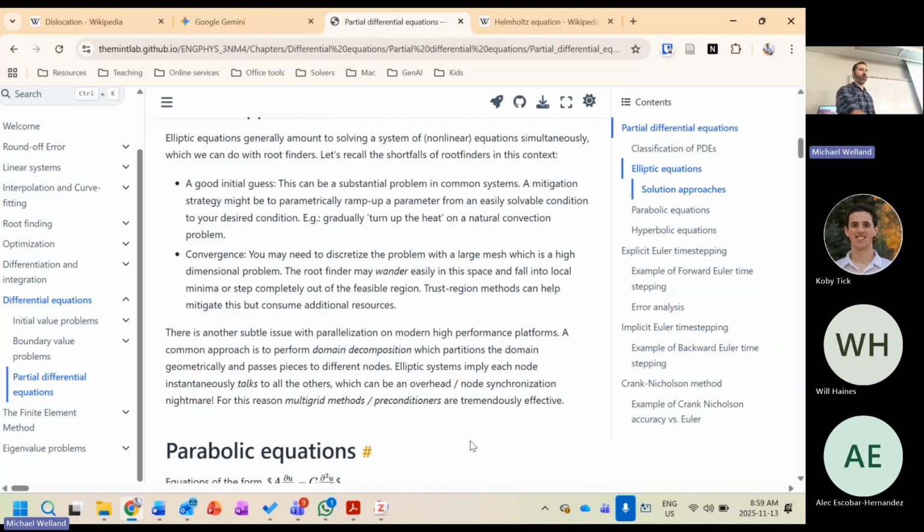Just a word of warning. Because nonlinear problems can have multiple roots, it is a little bit easy. As you increase your mesh resolution here, what you're actually doing for your system of equations is increasing the space that your solver has to wander in, right?